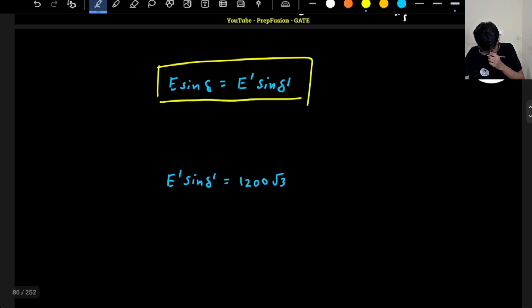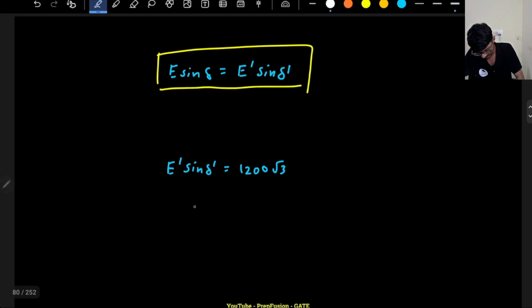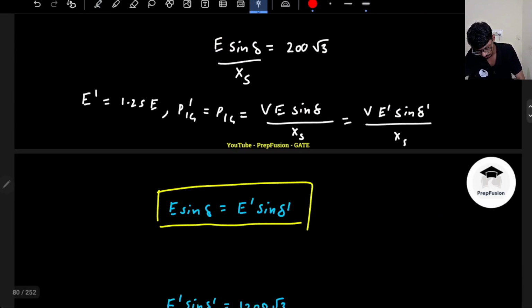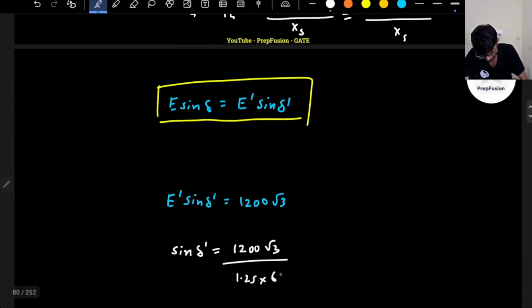So what will be sine delta dash? Sine delta dash will be equal to 1200 root 3 divided by E dash. E dash is 1.25 times the previous E value, which is 6462.4.